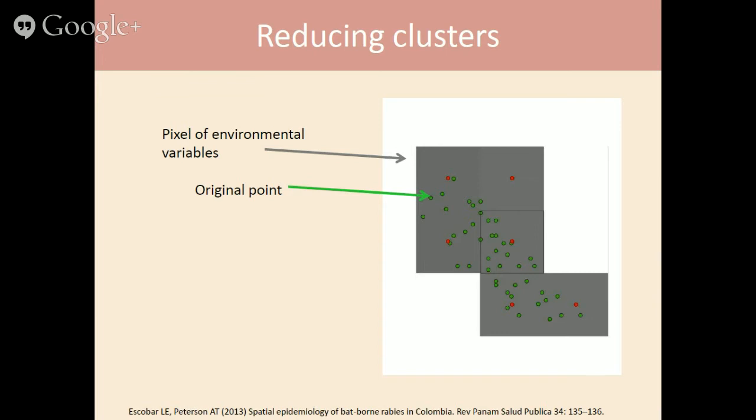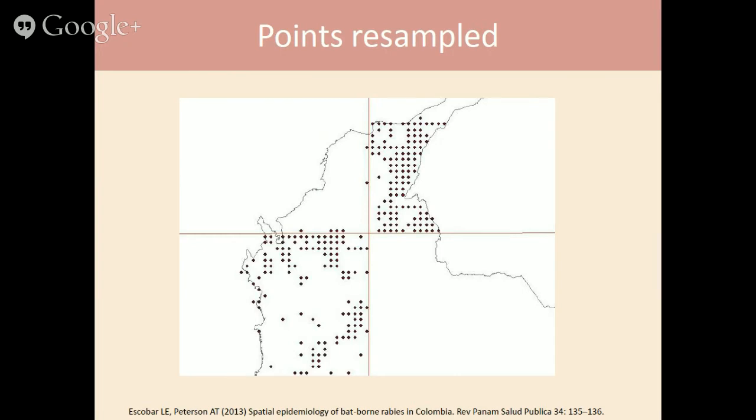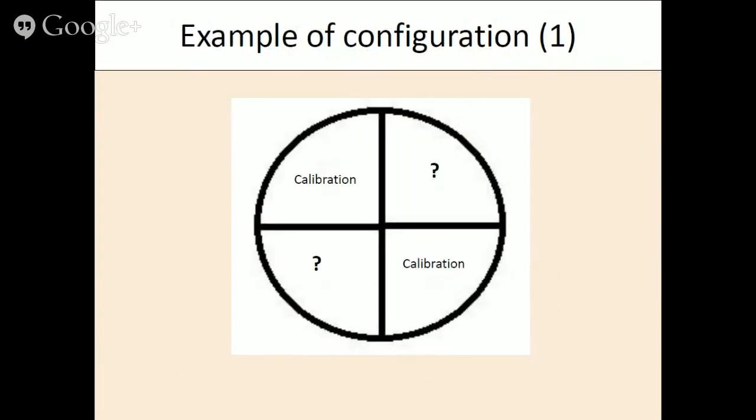Those are the original points, and the red points are the new points, representing only one value for each pixel. So we are going to have only one environmental representation from that geographic position and not a lot from using the original points.